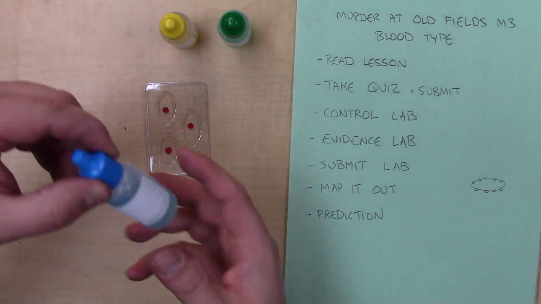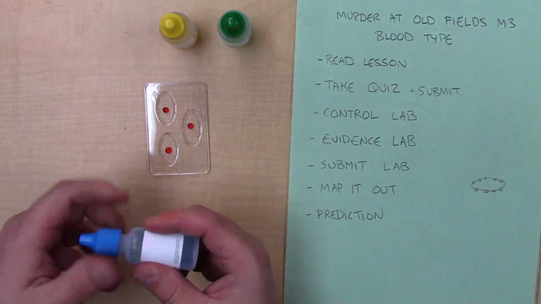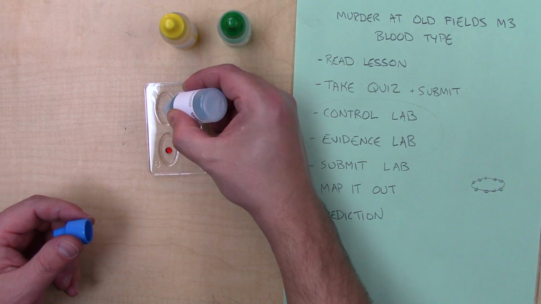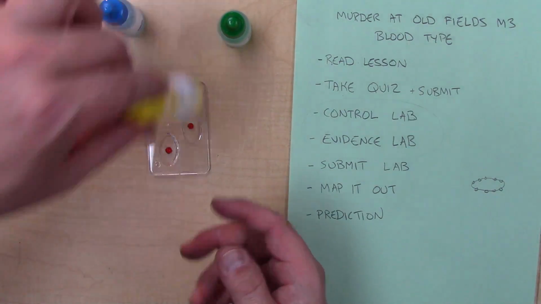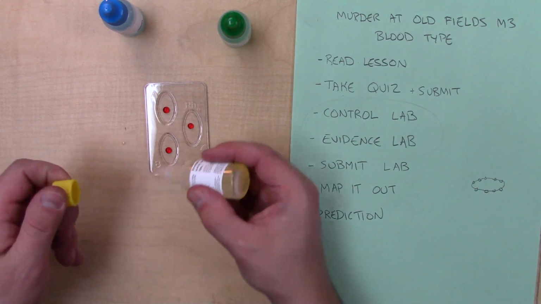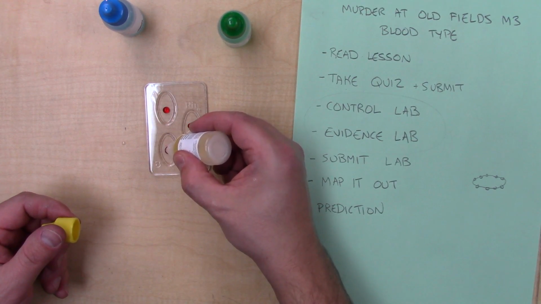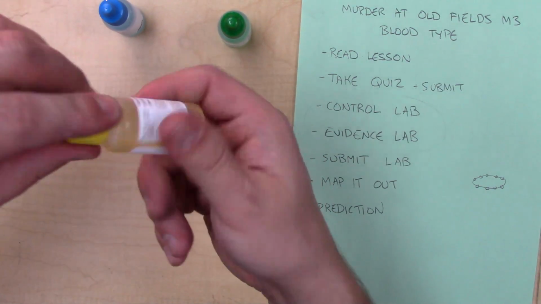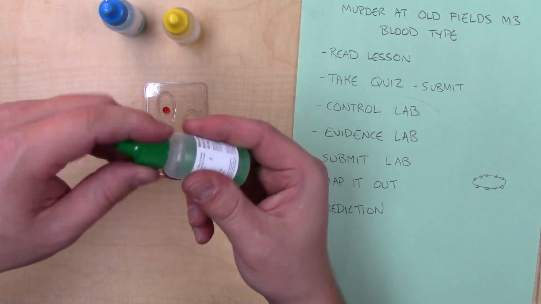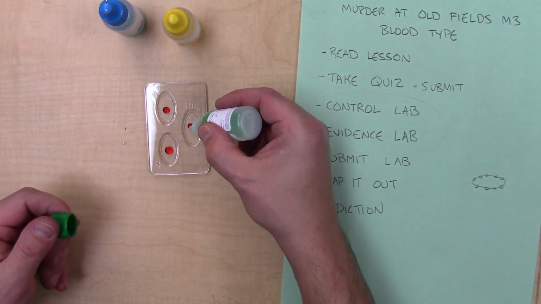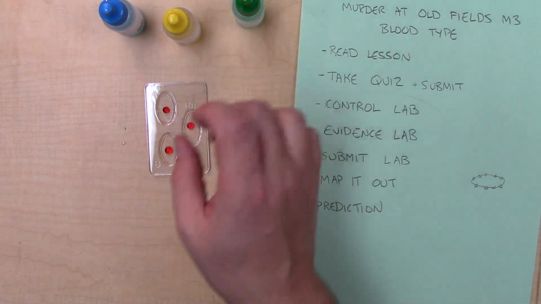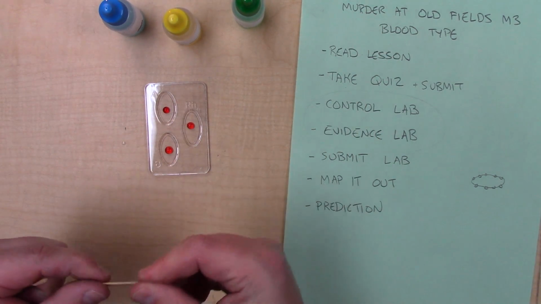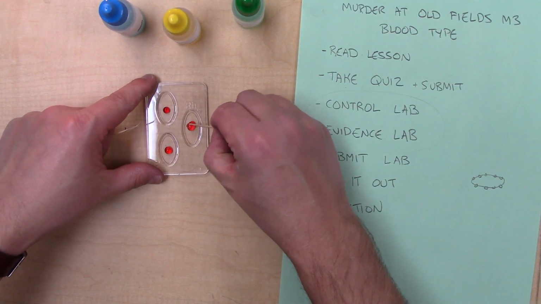And then obviously I will test to see if it is A. Okay. I will test to see if it is B. And I will test to see if there's an RH reaction, if there's any cloudy or clumping. You could swirl them. I prefer to stir them.